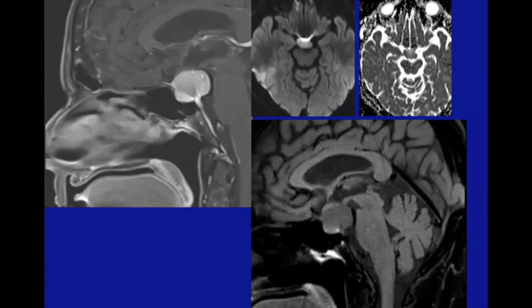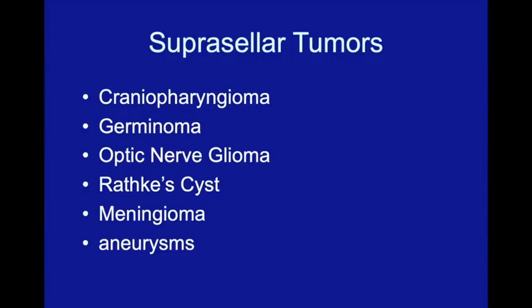So again, you can really benefit the patient and the surgeon if you are fastidious about looking for the presence of a normal pituitary gland when you see an intrasellar or suprasellar mass. So again, that's your take-home lesson for today, is to look for the pituitary gland. Don't assume that every mass arising in the sella is of pituitary origin.